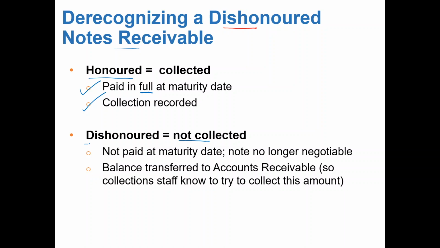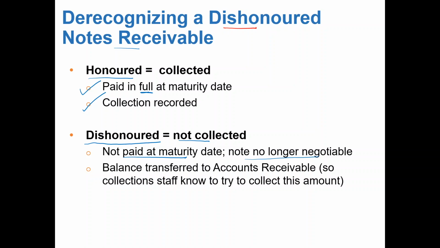And this is called a dishonored note, or it's sometimes referred to as in default. So dishonored means that it is not paid at the maturity date. We're not able to collect, and therefore the note is no longer negotiable. So basically this just means that the legality of the note is sort of gone.